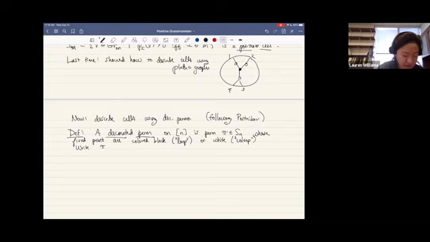So I'll write pi of i is i underline for a black fixed point, and pi of i is i overline for a white fixed point.